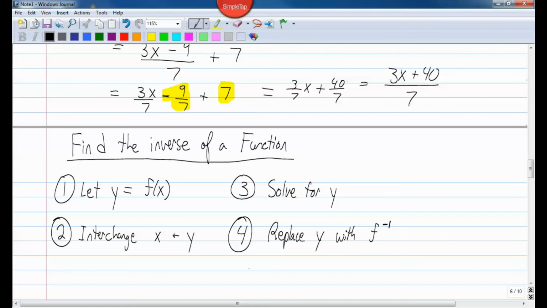So instead of writing y equals, we will write f inverse of x equals, because we have found the inverse function.